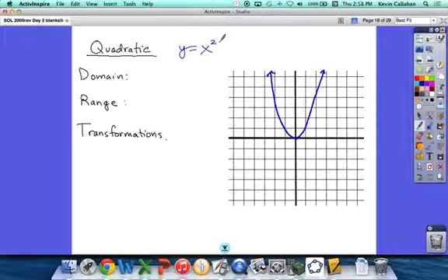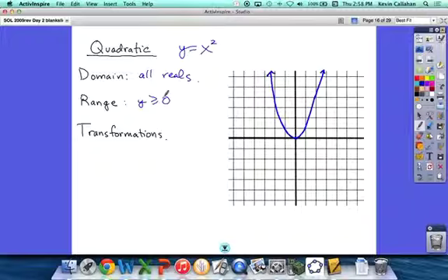Even if the graph is kind of tight, you could be sure that these arrows are going infinitely to the left, infinitely to the right, which means all reals. So what about the range? Yeah, it's just like the absolute value, right? It's y greater than or equal to 0.